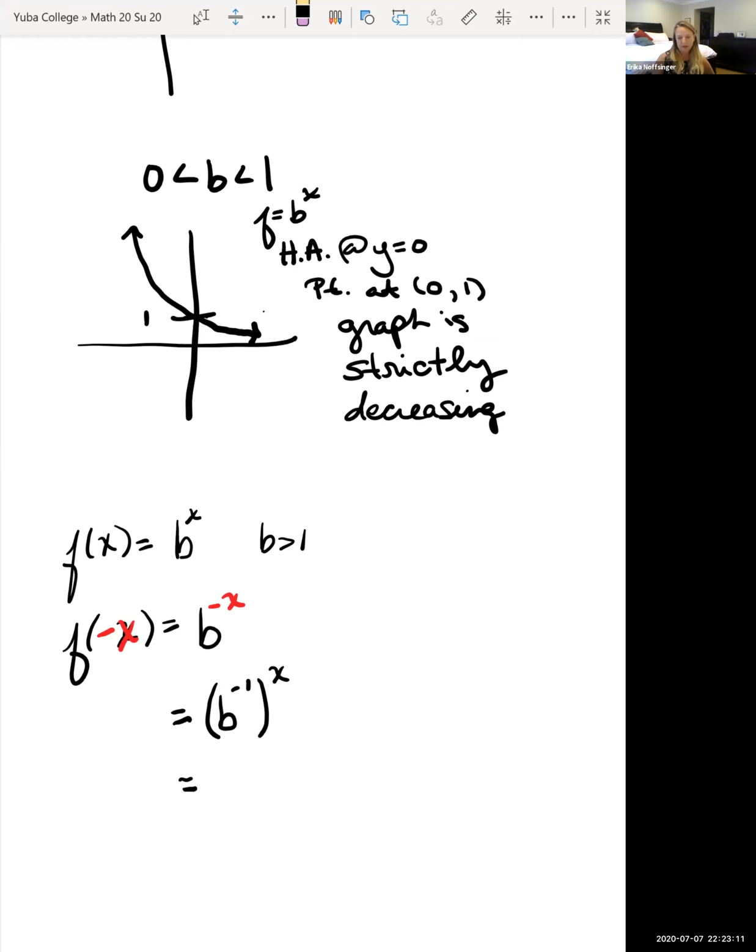Well, remember, if you have a negative exponent, we can rewrite it and make it positive. So this would be 1 over b to the x. We said that b was greater than 1, so 1 over a number greater than 1 is a number between 0 and 1.